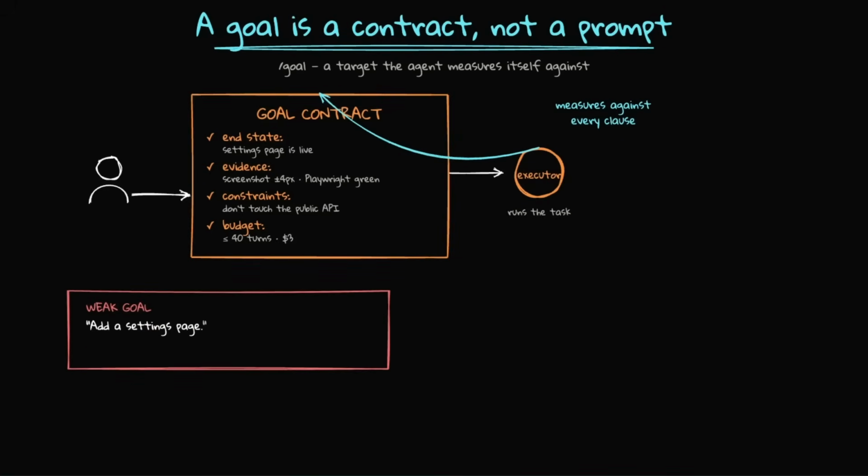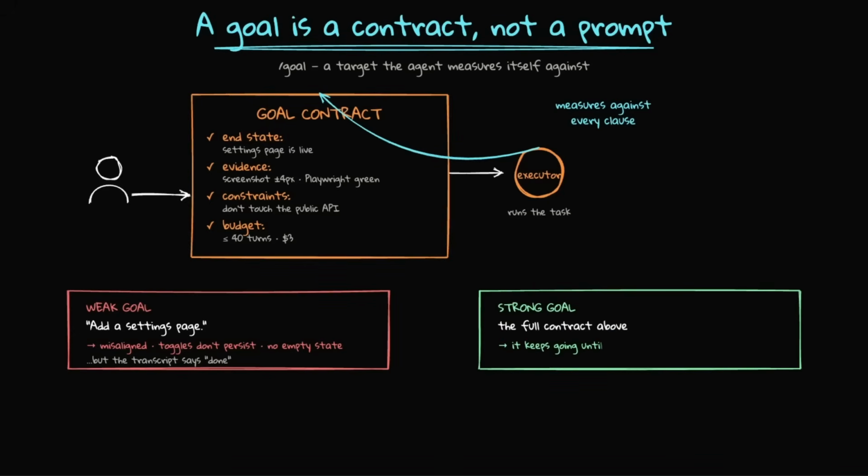And this matters because a vague goal is dangerous. Say, add a settings page is the goal. It will build something, call it done, and move on, even if half of it is broken. But if you say something like match this design, save every setting, and pass this test, now it has a measurable goal.